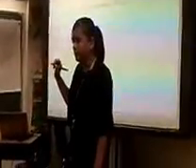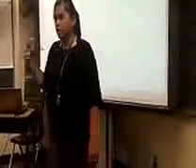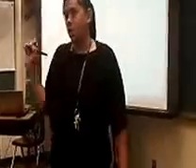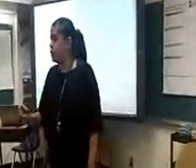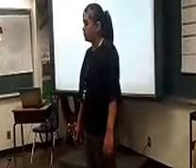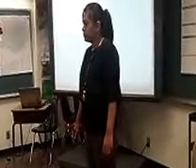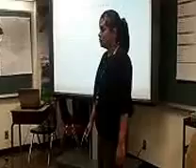Alright, group 2, what'd you get for your mean for all 9 of your trials? Okay, group 2, tell me what your mean was. 29.5. Okay, 29 and 5/10, okay.